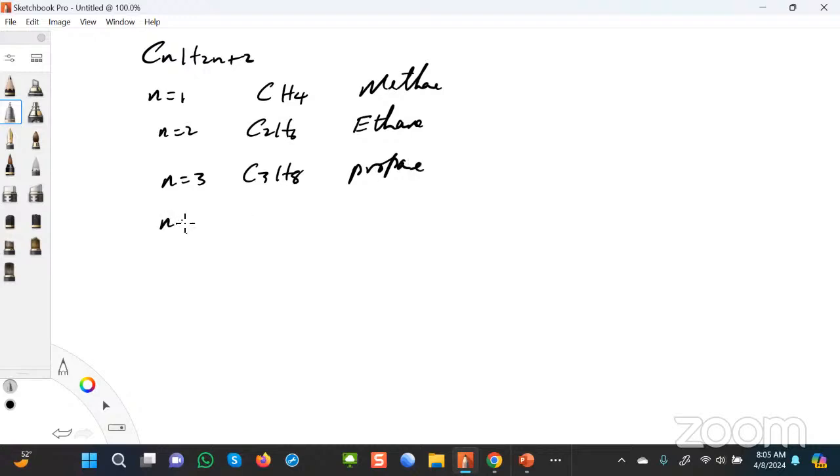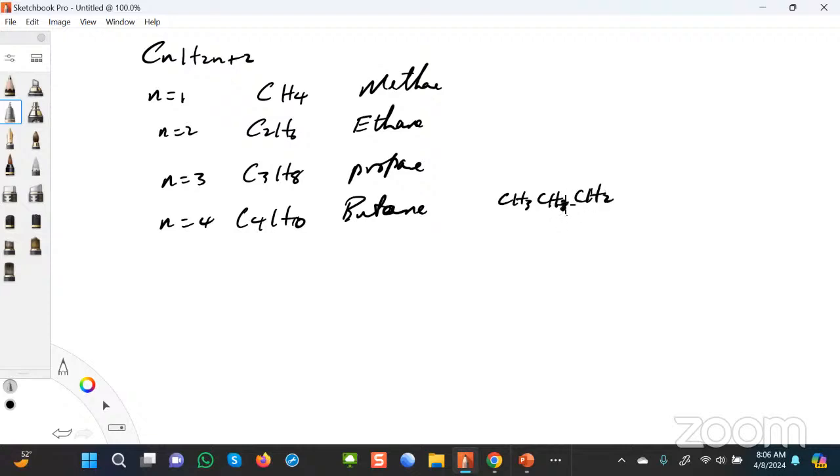If n is equal to 4, C4H10 would be the formula, and the name would be butane. If you remember, I said that when it comes to butane and other higher alkanes, you can have situations where different structures fit the same formula.